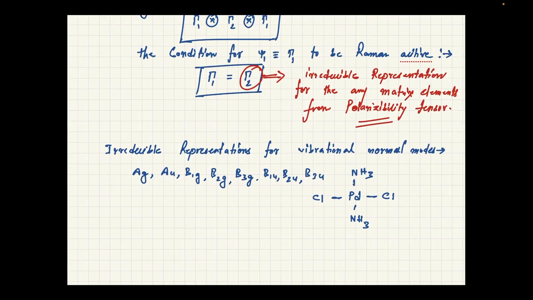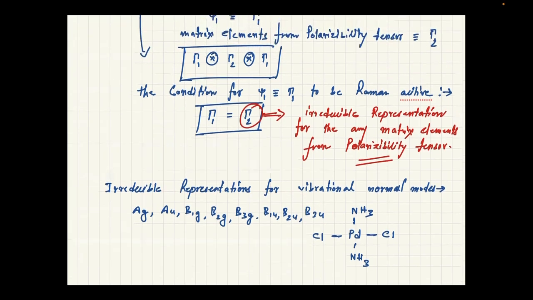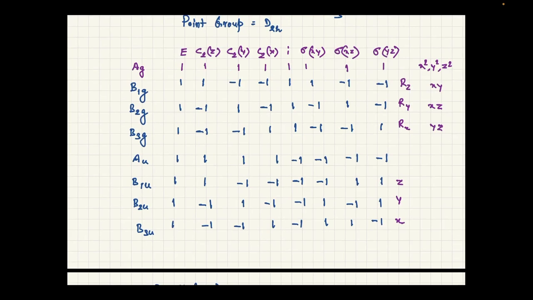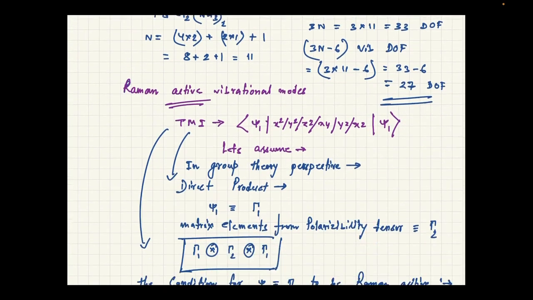So from these irreducible representations of vibrational normal modes, you just have to match with the irreducible representations corresponding to the quadratic functions, like x square, y square, z square, then xy, yz, and xz. These particular vibrations will be Raman active.